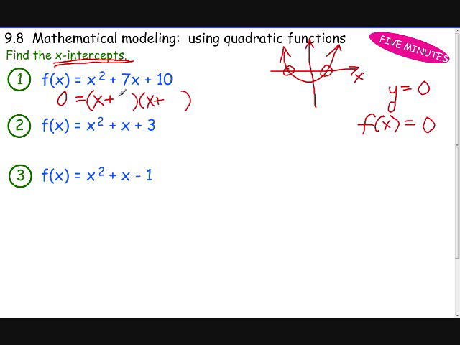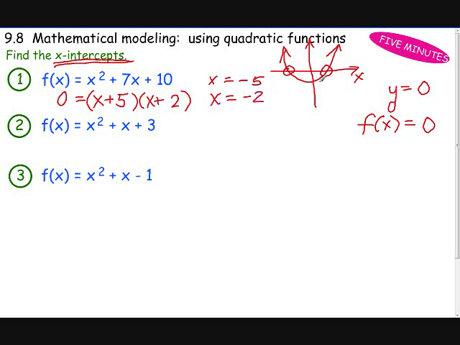Oh, you had it before I did. Now I can use the zero product property to find out what are the values of x when f of x, otherwise known as y, is equal to 0. And we find that x is equal to minus 5 and x is equal to minus 2.